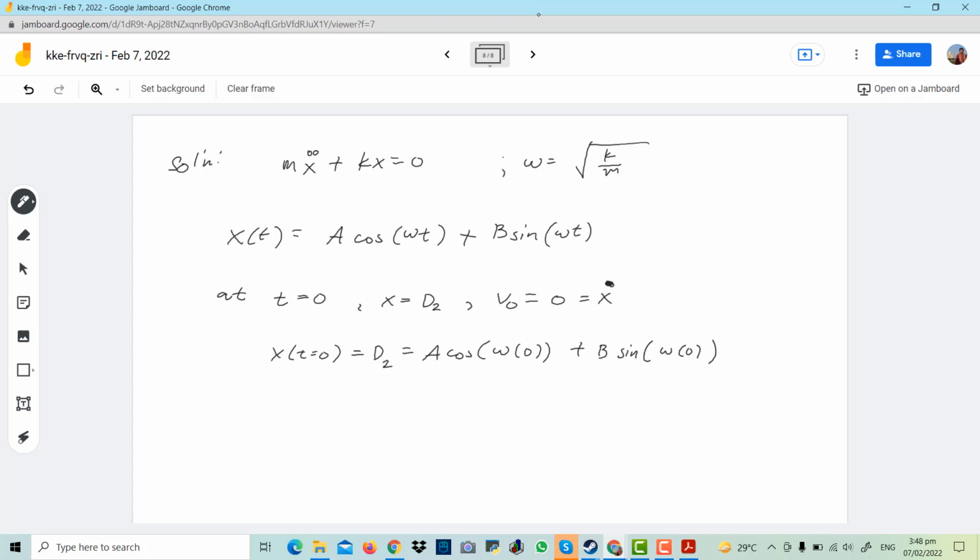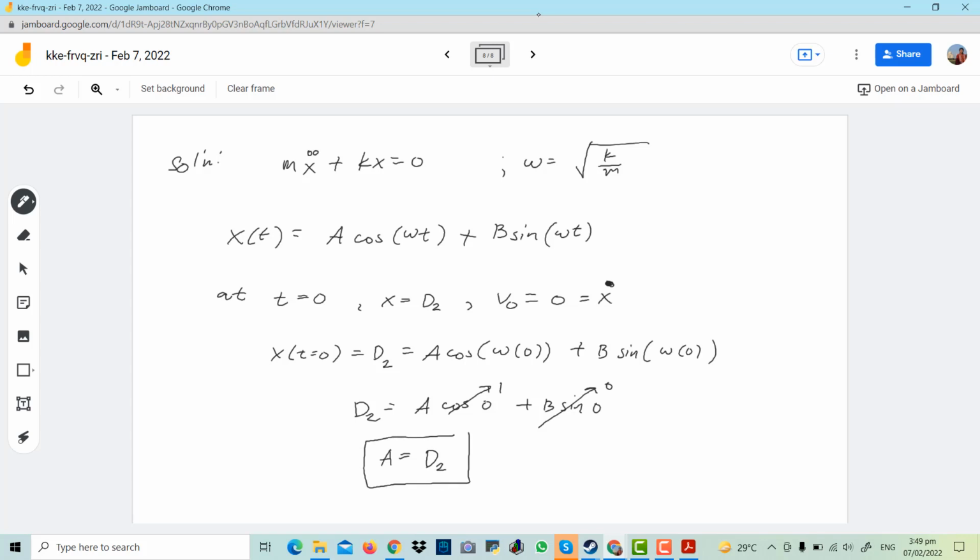Take note, the position at time equals 0 is D2. So I have D2 equal to a cosine of 0 plus b sine of 0. We know sine of 0 is 0 and cosine of 0 is 1. Therefore the constant a, which we call the amplitude, is equal to D2.